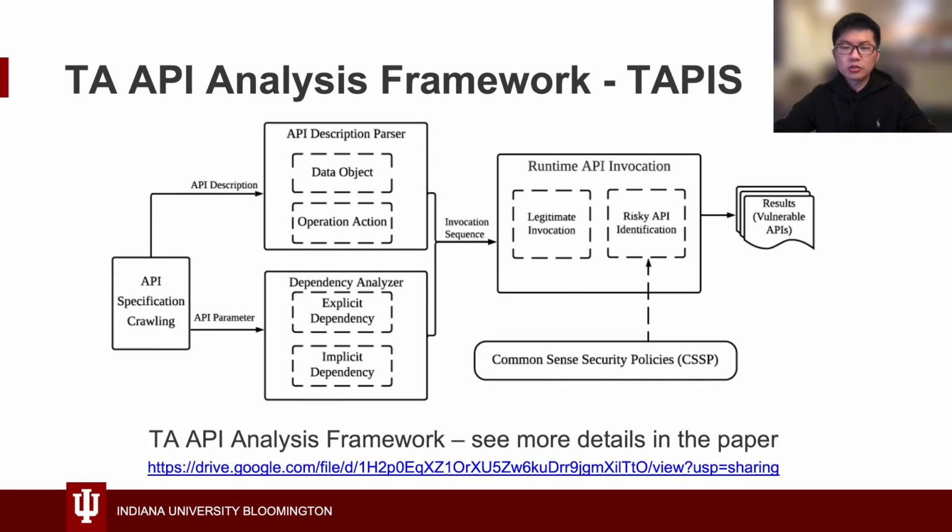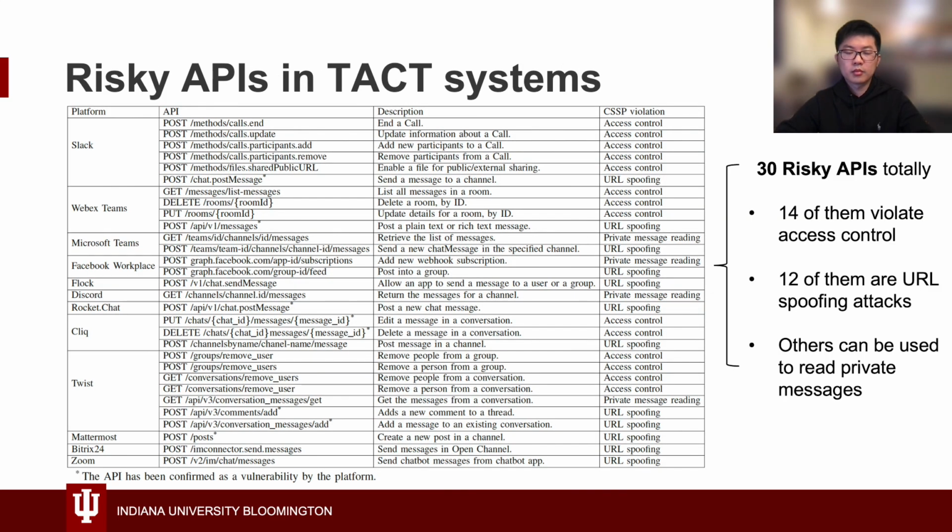Based on those policies, we designed a team chat app API analysis framework. Due to the time limit, please refer to our paper for details. By using our analysis framework, we find 30 risky APIs in total.